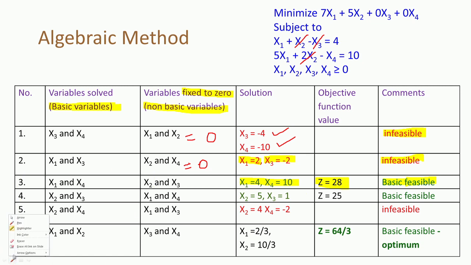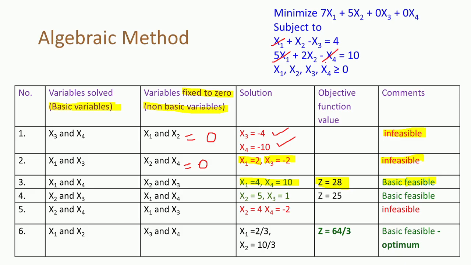Now, in this solution, I am going to solve for x2 and x3, and I am going to fix x1 and x4 to 0. So, this goes, this goes, this also goes.